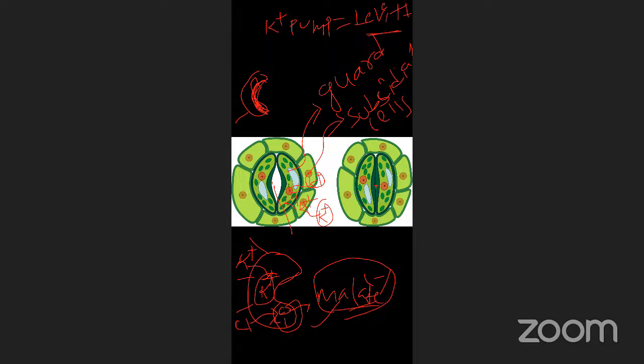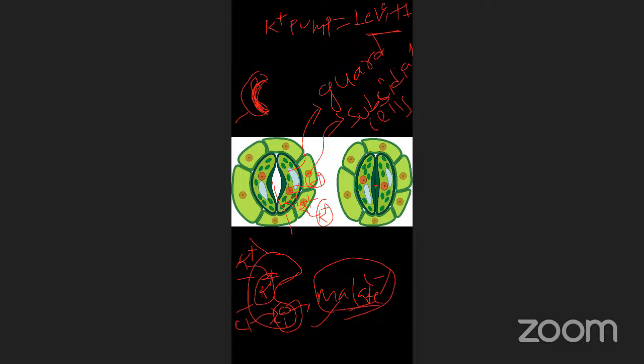Sir, here the osmotic potential is more negative. Where more negative? In the guard cell, when they increase the ions of K plus, sir. In the guard cell, negativity is increasing.